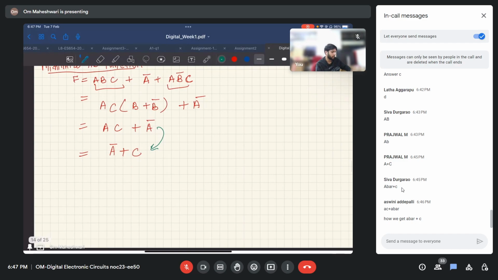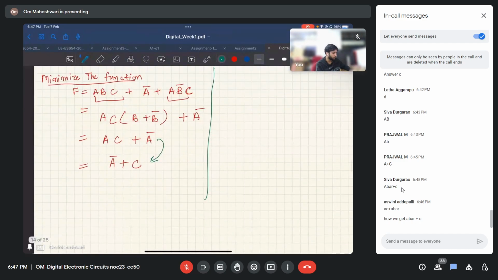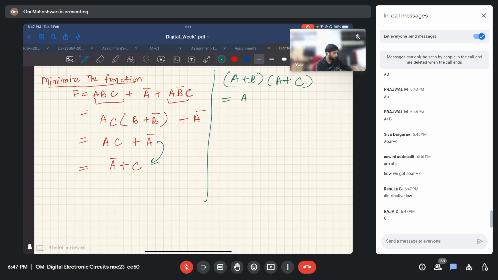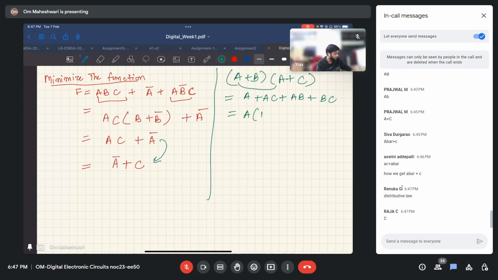So let us take another simple example. If we have A plus B and A plus C. If we solve it, we will get A into A is A, plus AC plus AB plus BC, right? So if I take A common, A into 1 plus AC plus AB plus BC. So this all will be 1 only, so it will be A plus BC, right?